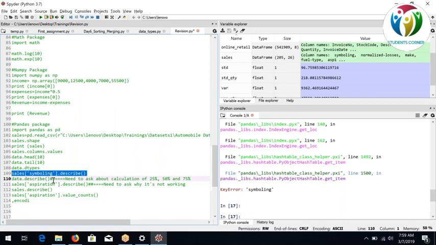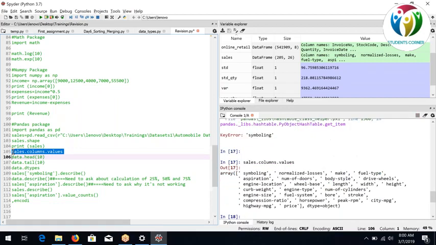Okay, what is the column name? Can you show the list of column values? Pooja, can you run line number 105? So this will give us a list of columns.